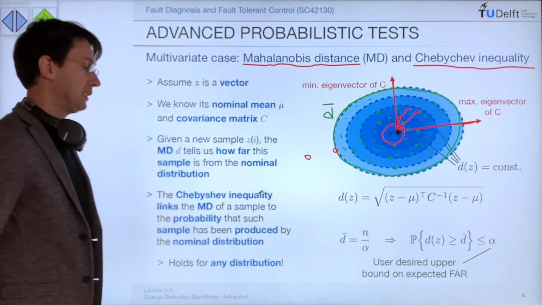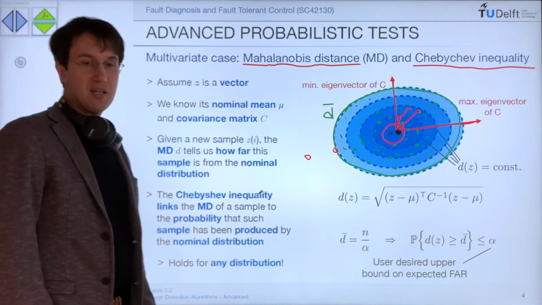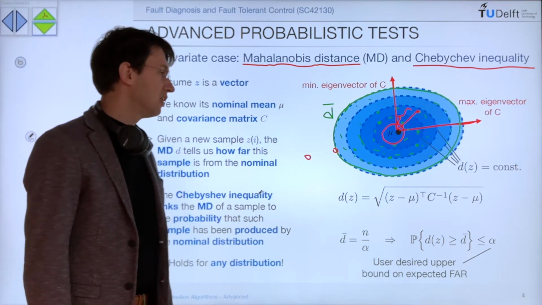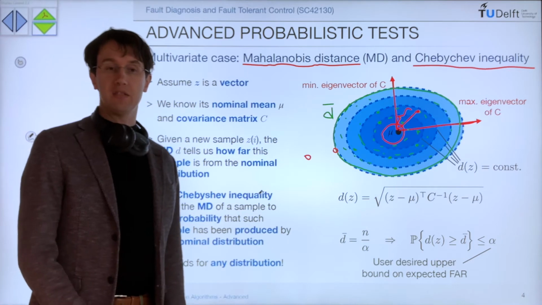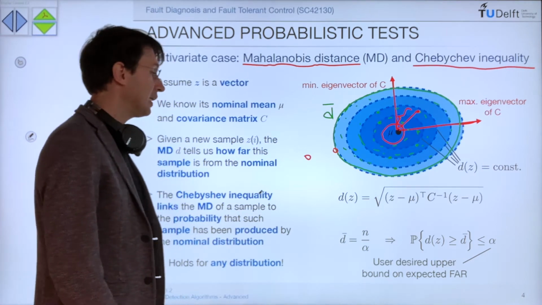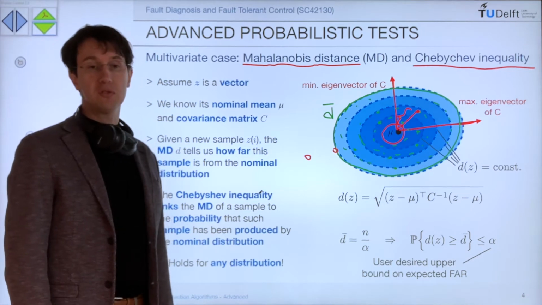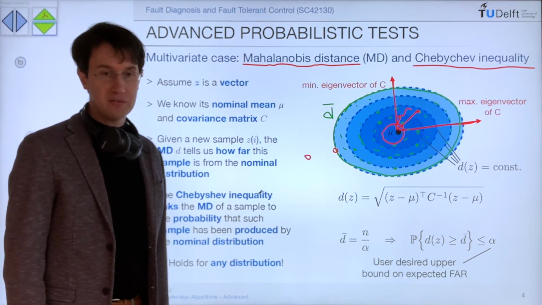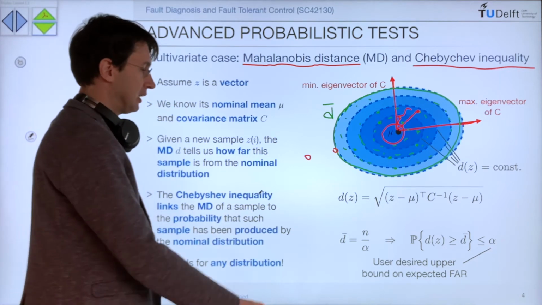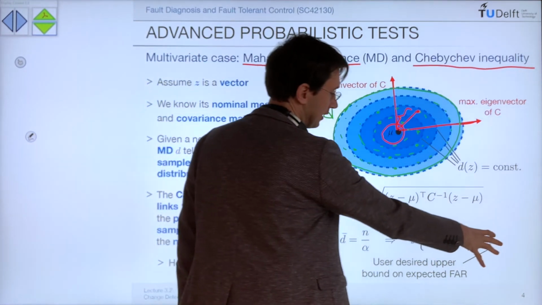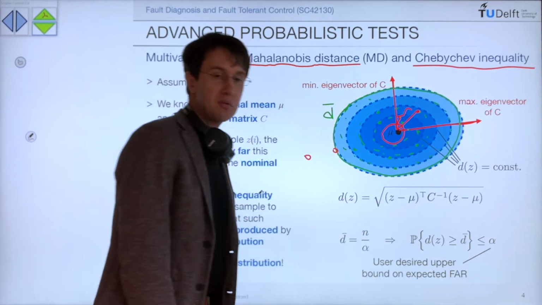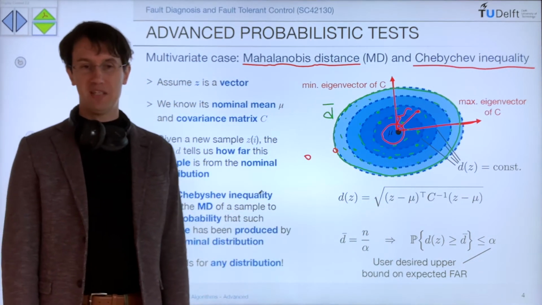This approach has some advantages and some disadvantages. The obvious advantage is that you can address the multivariate case. Another advantage is that you don't need to know the PDF of the variable. The disadvantage is that this inequality, the Chebyshev inequality, is quite conservative.